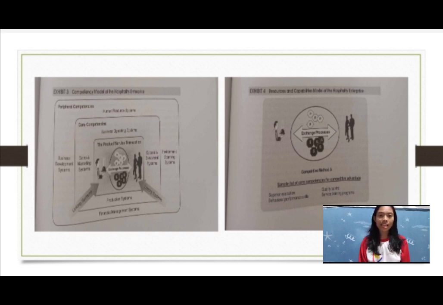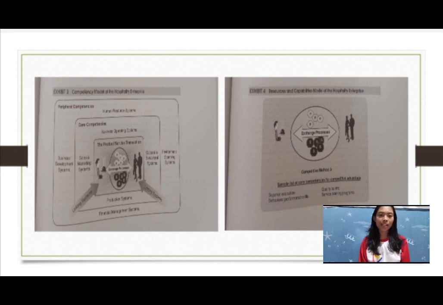Intangible resources encompass less visible assets like brand reputation, employee knowledge, and customer relationships. Capabilities refer to the firm's ability to deploy its resources effectively to achieve strategic goals. In hospitality, these capabilities might include delivering exceptional customer service, managing complex operations, and adapting to changing market demands.